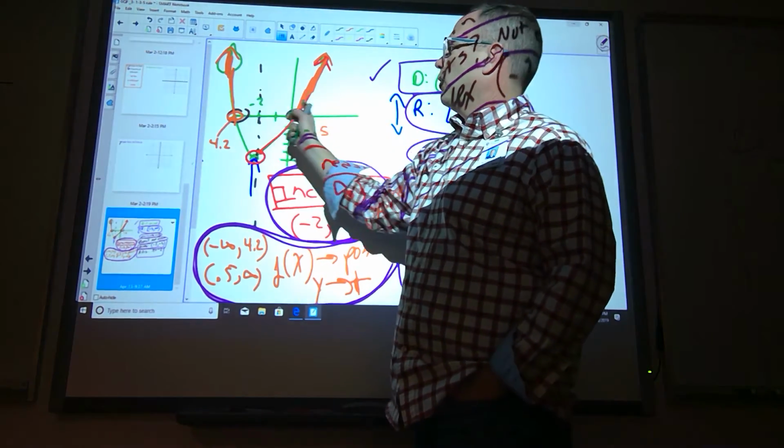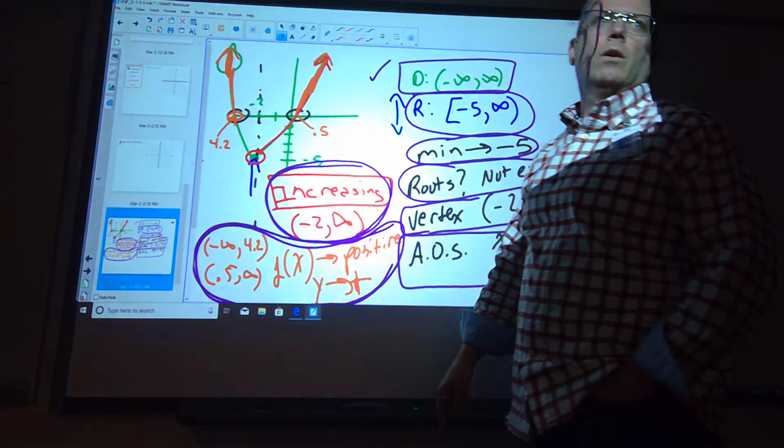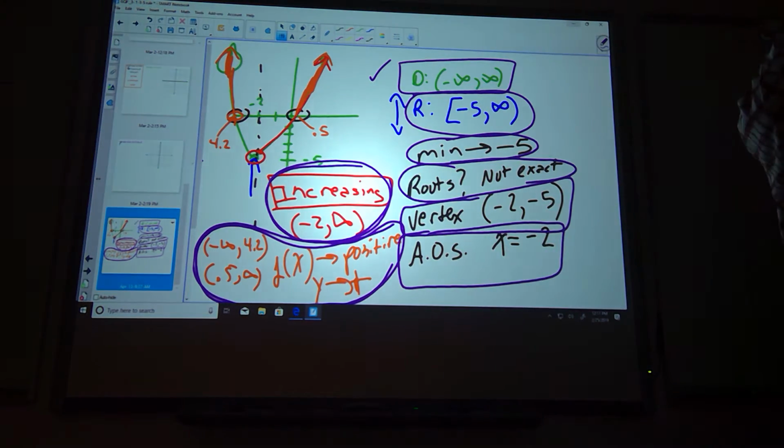Over here I have a positive y value, and over here I have a positive y value, because in the y direction it's above, counting upward. So what would my answer be for where it's positive? Negative infinity to 4.2, where we cross the x-axis, and then from about 0.5 to infinity. So that lower left-hand corner.